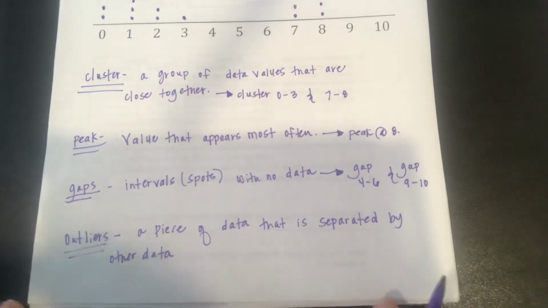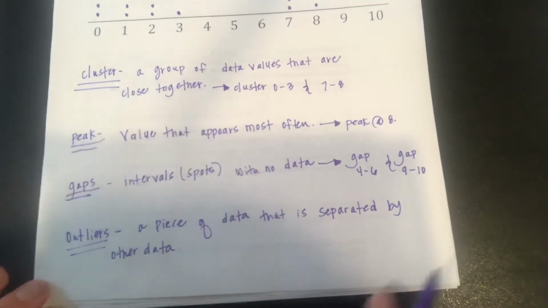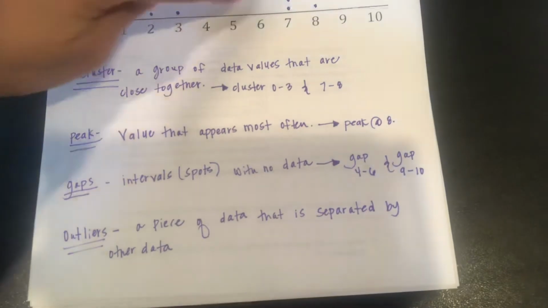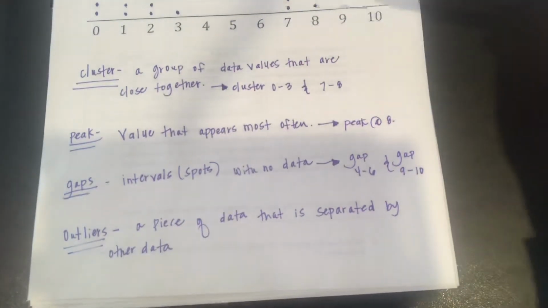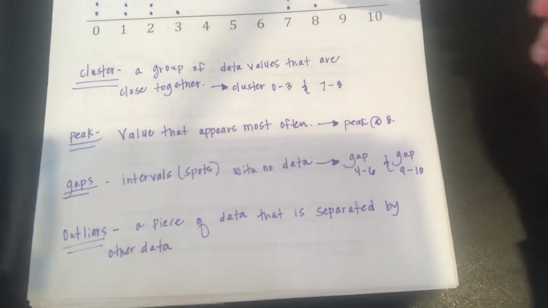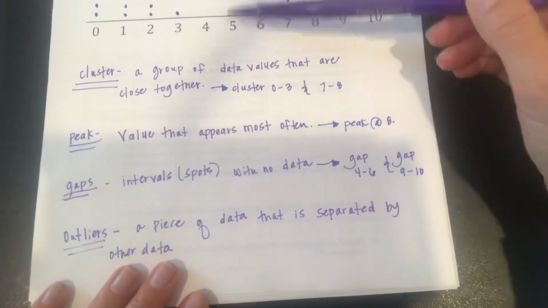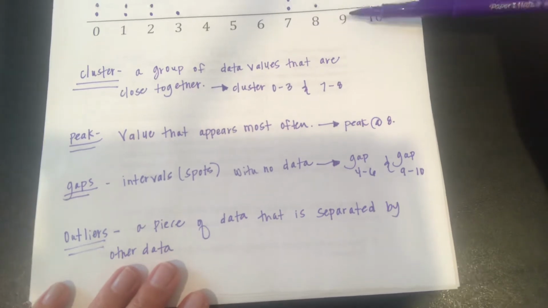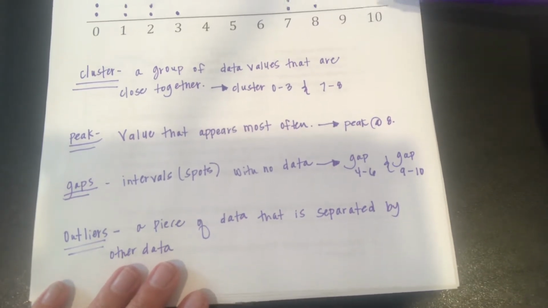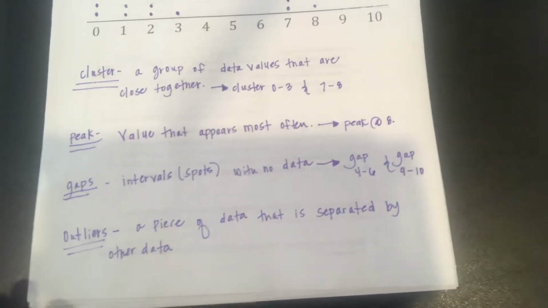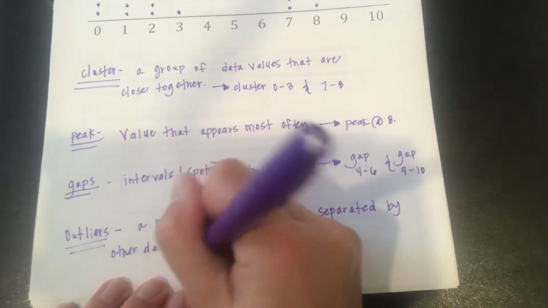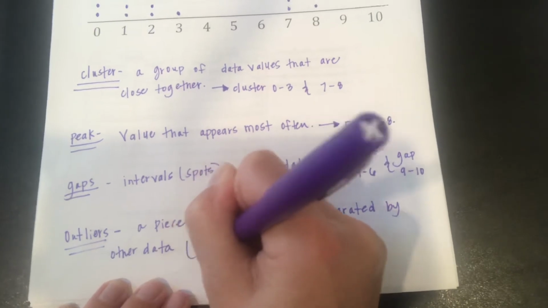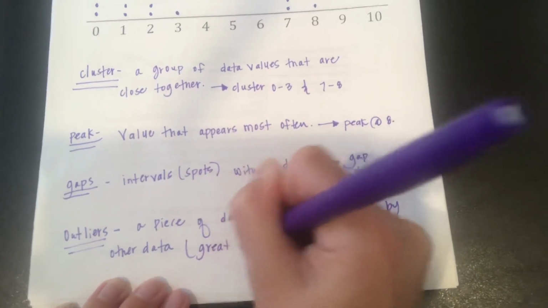One thing that I didn't actually put in on this, like we can see that there's a gap here, but then the data continues on. So an outlier would be like nothing, nothing, nothing, nothing, nothing, nothing, nothing, and then 1 at 10. So not only is it separated, but it's separated from a great distance.